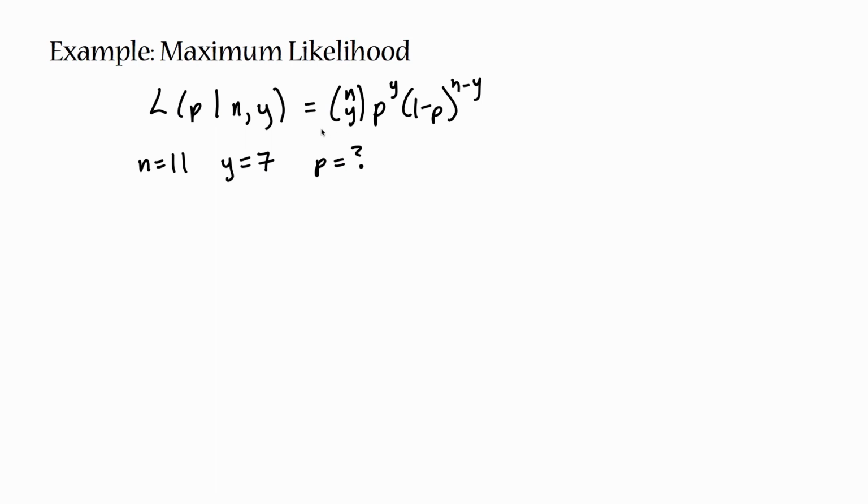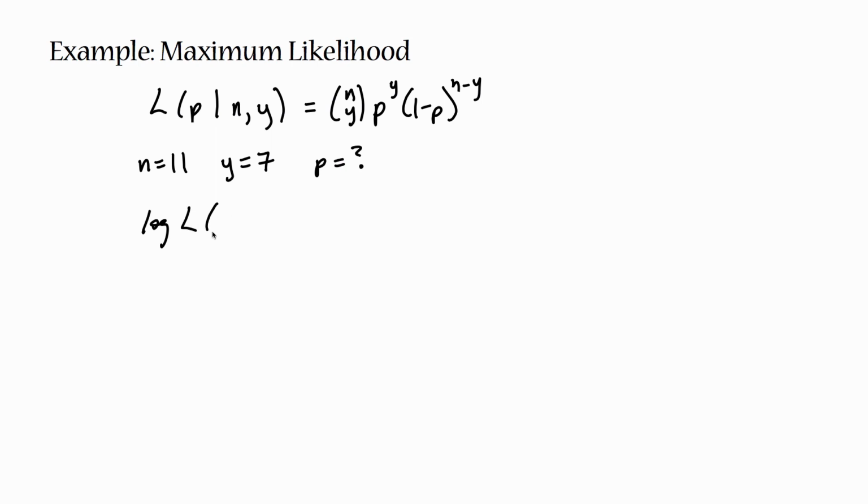To find the maximum, you'd like to find where the derivative of my likelihood function is 0. This doesn't look like a lot of fun to take the derivative of, so I'm going to use a trick. If you have a likelihood function, you will get the same maximum likelihood if you use the log of the likelihood function.